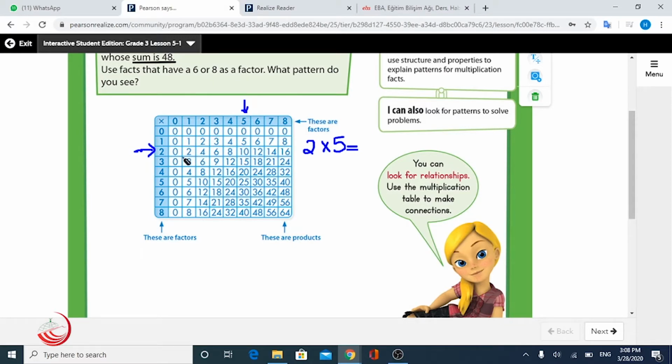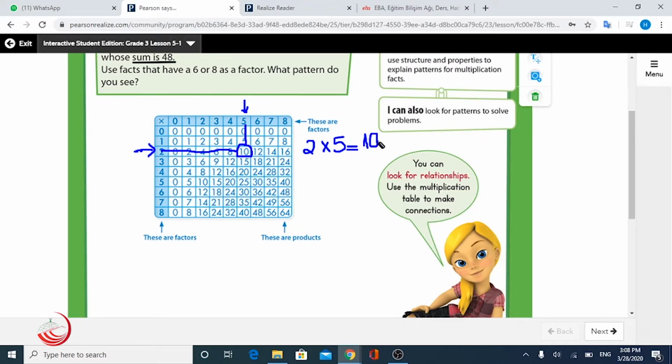Then I will move from 2 until I find the column of 5. Where do they meet? They meet in this square, which is 10. So this is the product of 2 times 5, which is 10.